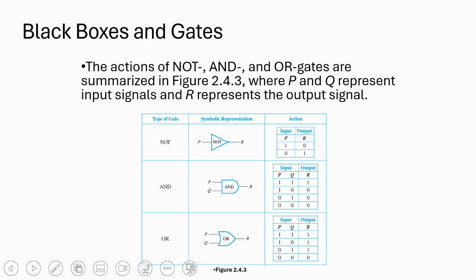Okay, this is a nice little table to demonstrate the NOT, the AND and the OR gates. Take a look at the tables. I'm just going to let you look at this a little bit. If you need to, pause the video and study what's going on with the NOT, the AND and the OR gate.